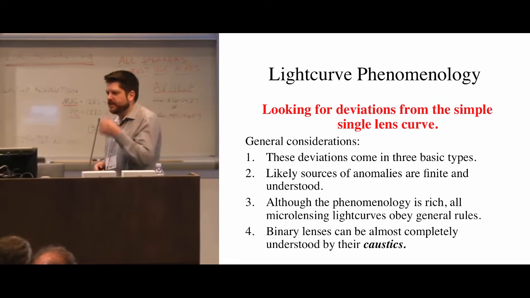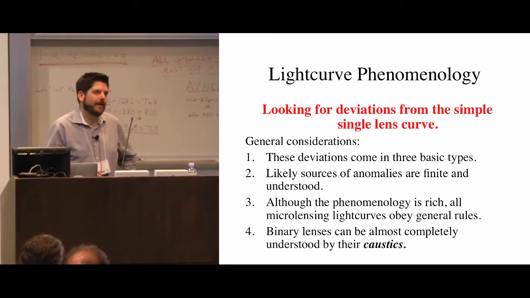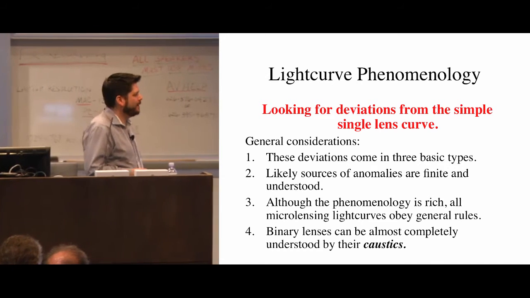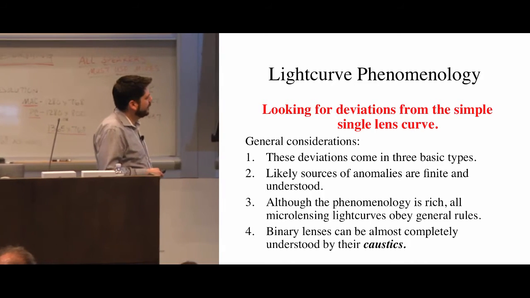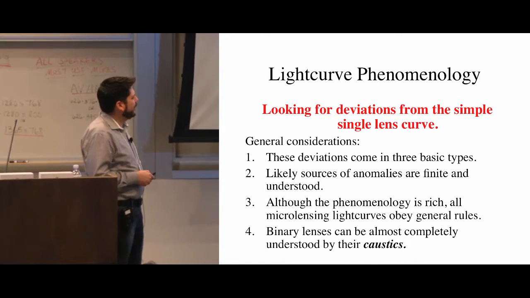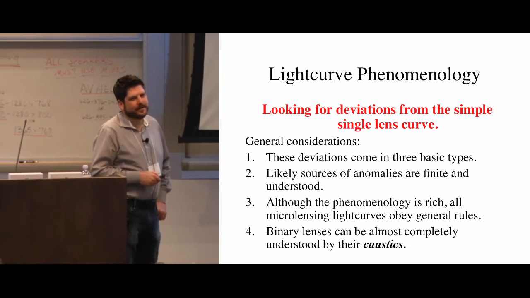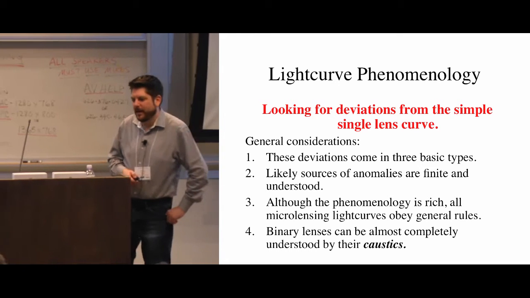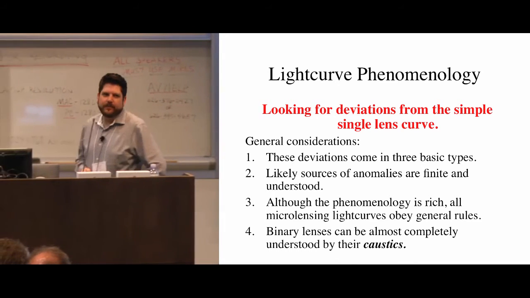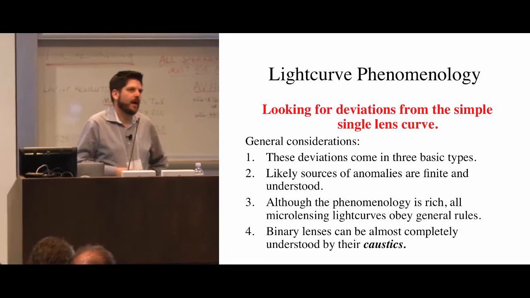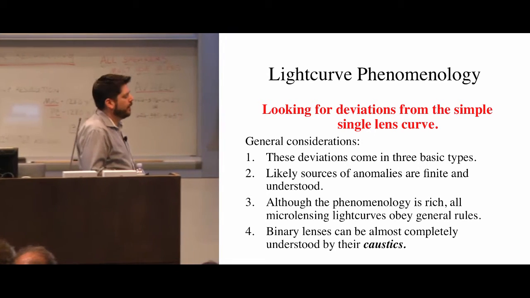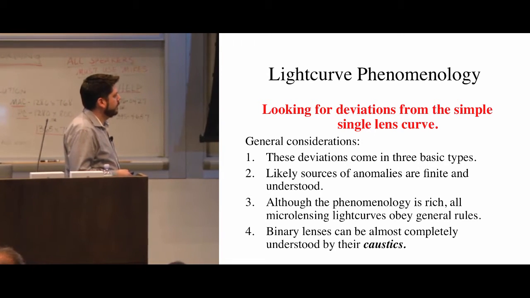The word caustic often scares people that haven't encountered it a lot. I'm not actually sure why, maybe just because it sounds evil or something. But if you can understand the caustics of binary lenses, that really helps you. I mean, basically, that's 80% of the way of understanding how binary microlenses should look.